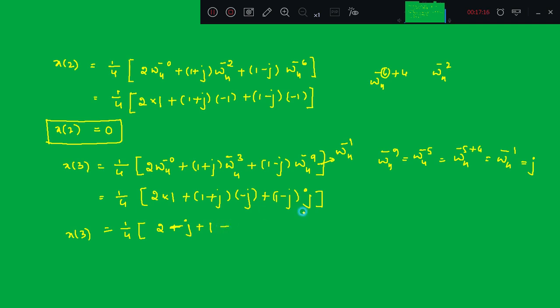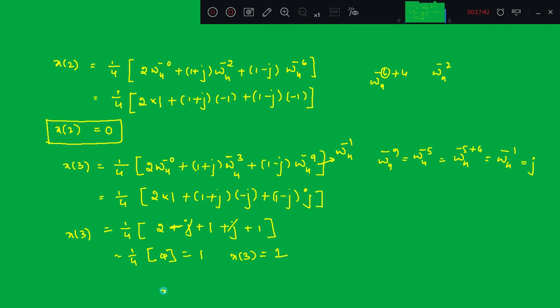Then j into 1 is j, again minus j plus j, which is equal to plus 1, right? So plus j minus j, this one and this one will get cancelled, so 1 by 4, 2 plus 2 is 4 is equal to 1, right? So x of 3 is equal to how much? X of 3 is equal to 1.